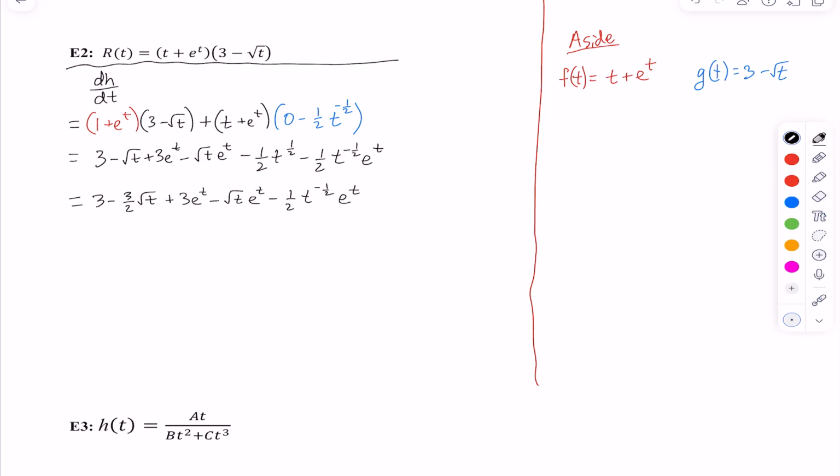There's not a whole lot you could do here. There's actually no like terms. Out of these 6 terms, there aren't any like terms.